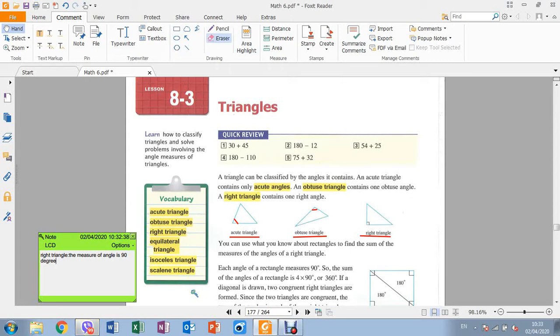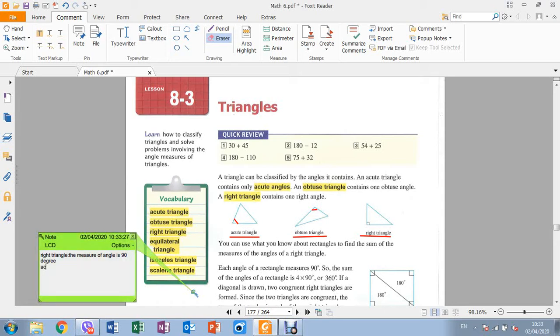Look there, this right angle is two lines. This is 90 degrees. When we see an angle of 90, you can directly tell me that the triangle is a right triangle. Now we talk about acute and obtuse angles.